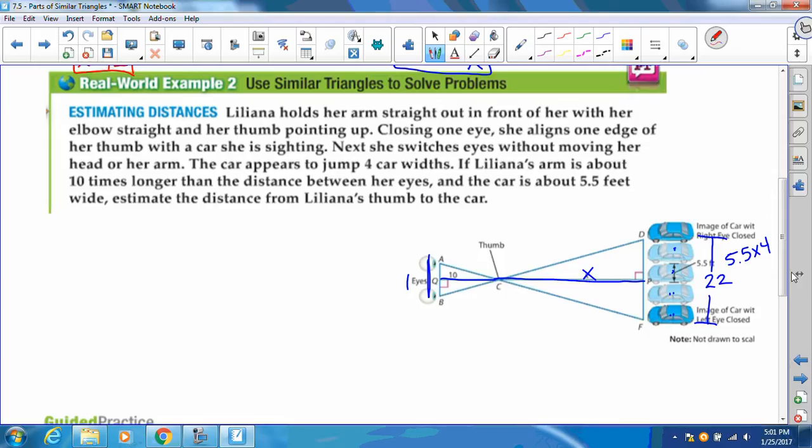So we're going to take those altitudes. I'm going to do 10 over x, and then we're going to set it equal to 1 over that other side, 22. And then we're going to cross multiply. So we get 220 equals x. So estimate the distance from Liliana's thumb to the car, about 220 feet.